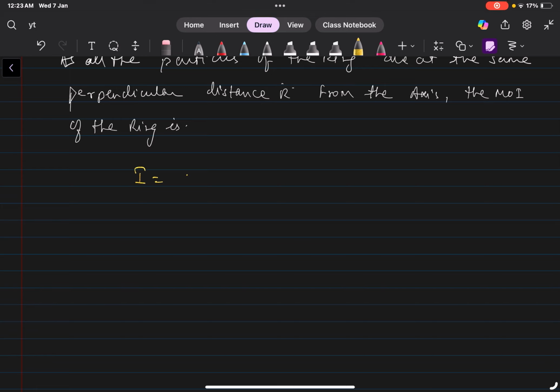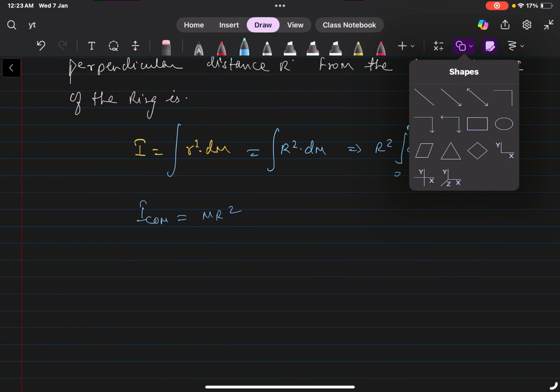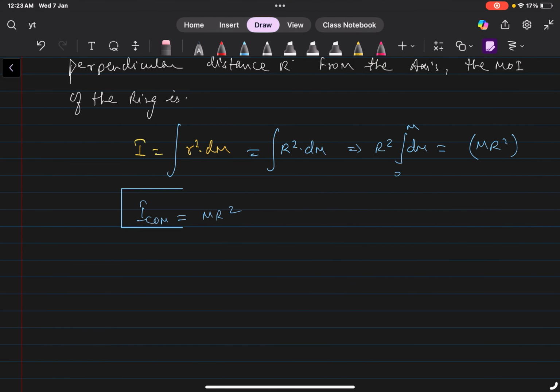That is the integral of r square into dm. r square is common and dm is taken outside, so this is mr square, with the integral from 0 to m. So the moment of inertia about the center of mass of the ring is mr square, and this is a very very important formula, many times used in numericals.